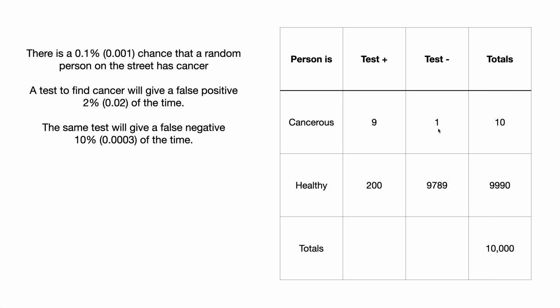Okay, now we can sum up the tables. So if we sum up the 9 and the 200 here, we get 209 total positive tests, and we get 9790 total negative tests.